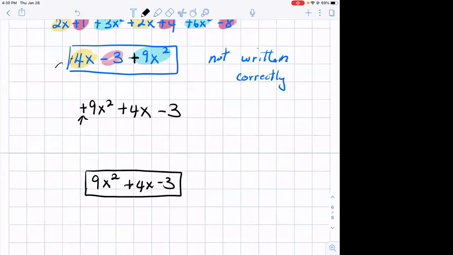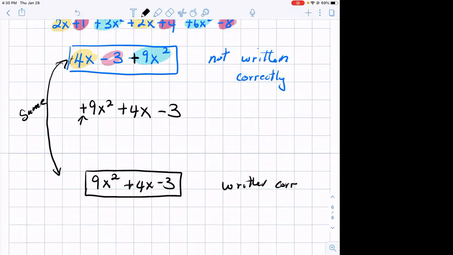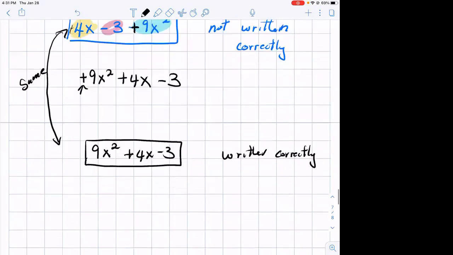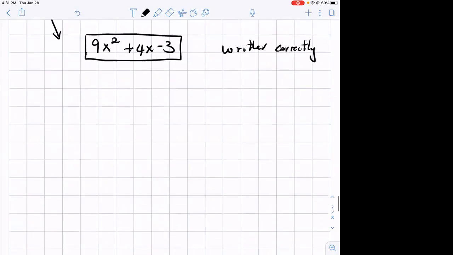So these two answers are the same, okay? Same answer. Just this one here is written correctly. So those are the various ways of adding polynomials. Now let's look at some subtracting.